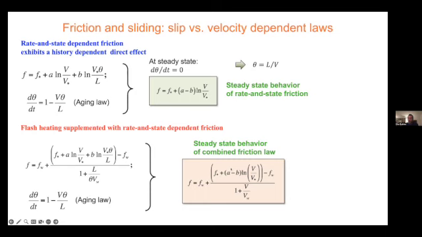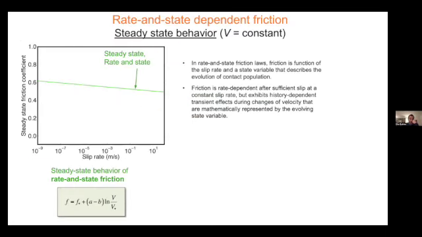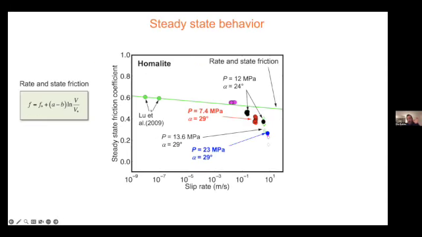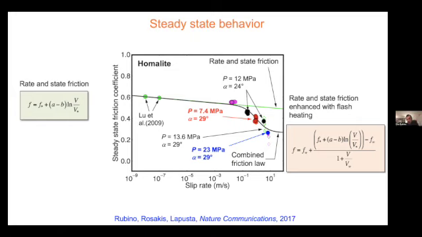And now we can start using the steady state version of this law in this steady state exercise, where we use the low velocity measurements in order to calibrate it at low velocities, and then let it evolve at higher slip velocities. If we test this law, then we see that indeed our measurements are consistent with flash heating, which is a good indication that this law may be the operating one.